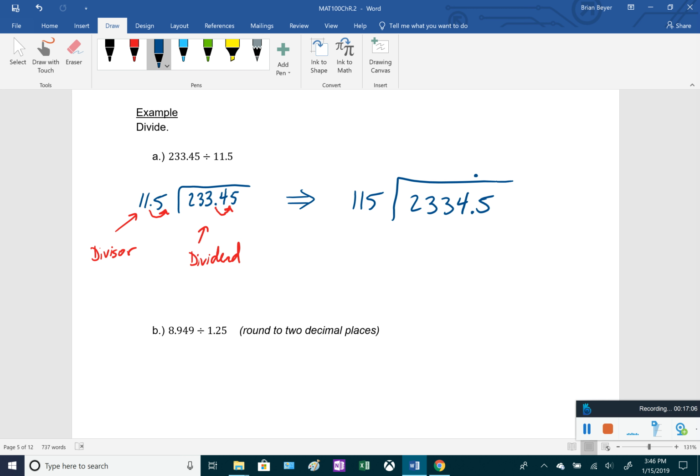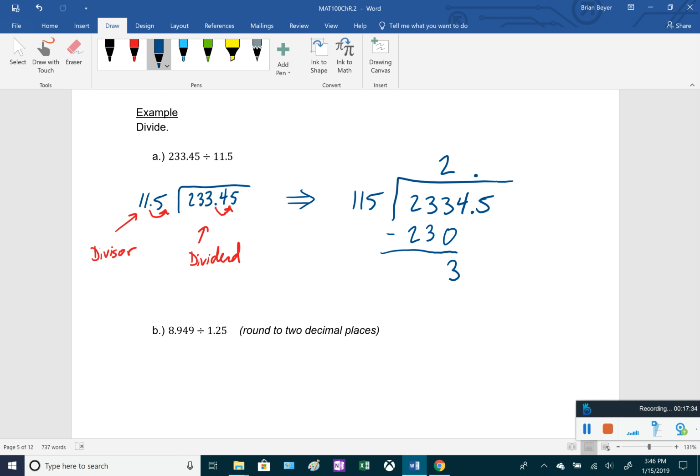So when we're dividing this now, we have to ask how many times can 115 go into that? We can start with the smallest possible portion. How many times does 115 go into 233? Well, that goes in twice. So then we multiply. 2 times that is 230. Subtract. We get 3.